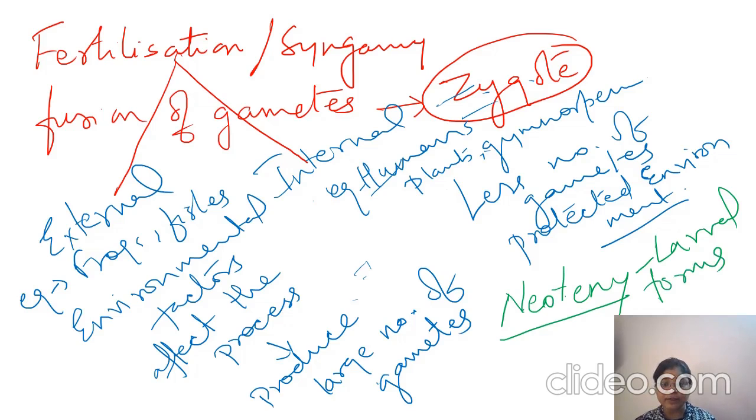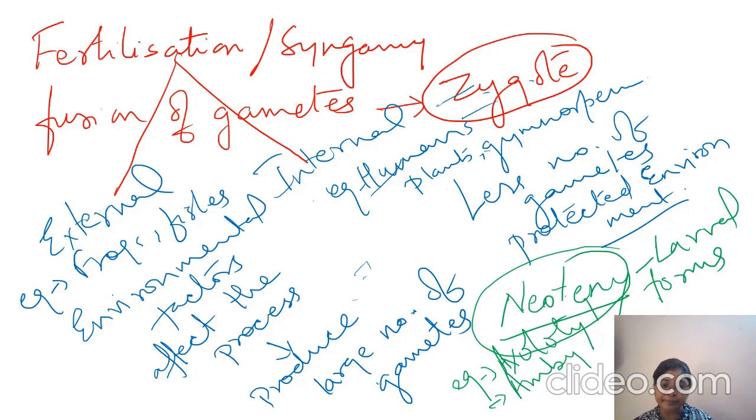That case is called neoteny, when a larva is reproductively active. One of the best examples is the axolotl larva, and another is the salamander Ambystoma. This is an amphibian. Okay, this is about fertilization.